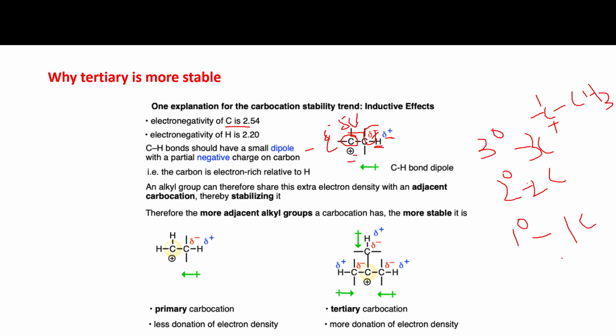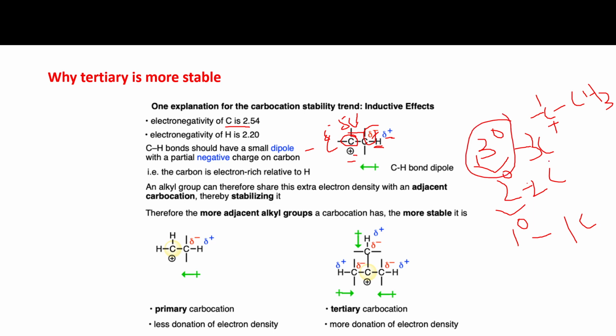So for this reason, the 3 degree carbocation is much more reactive from the reaction point of view, but as a carbocation, the 3 degree carbocation is more stable.